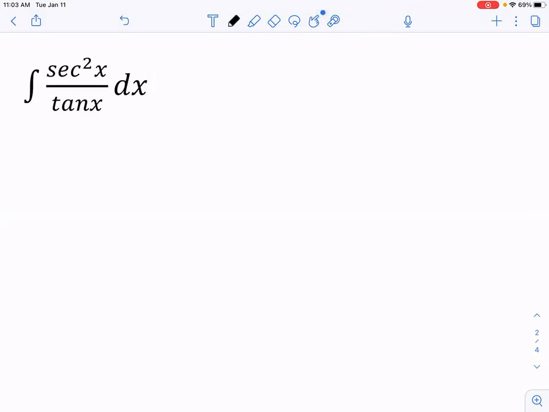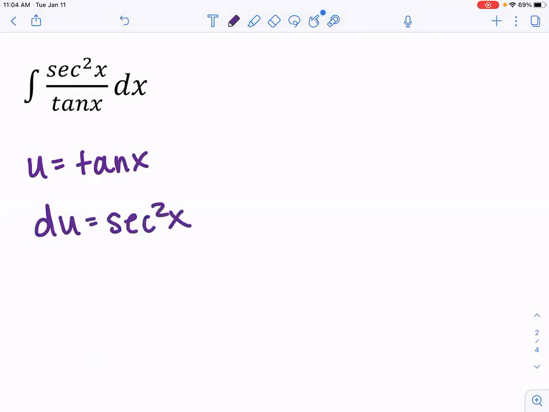Do you notice a relationship between the numerator and the denominator? The derivative of the denominator is the numerator, and that's an important thing to be able to pick out. Because that's the case, we can let U equal our denominator, because then du is secant squared x dx, which is exactly what we have right there.